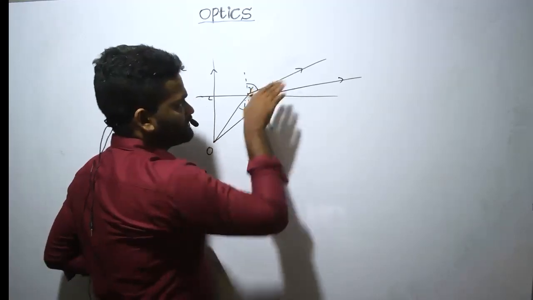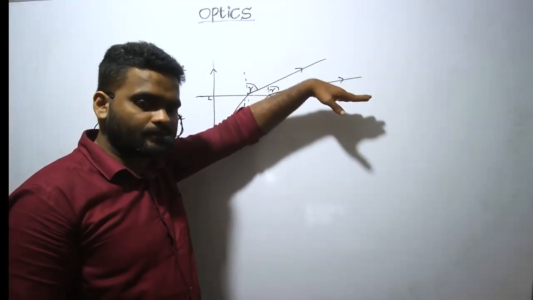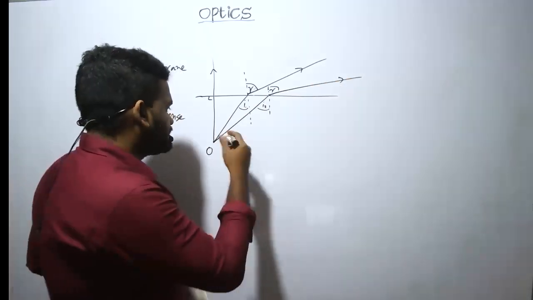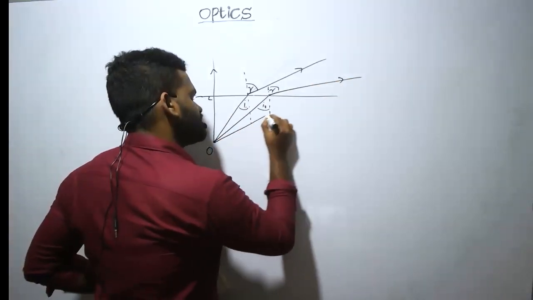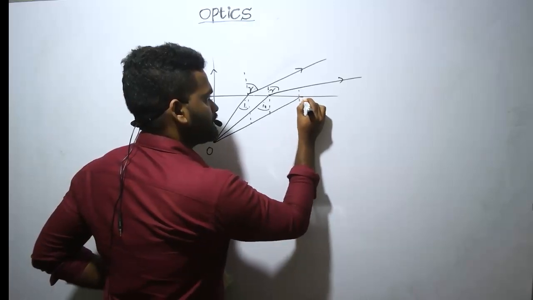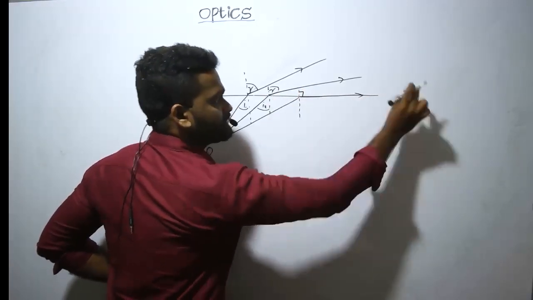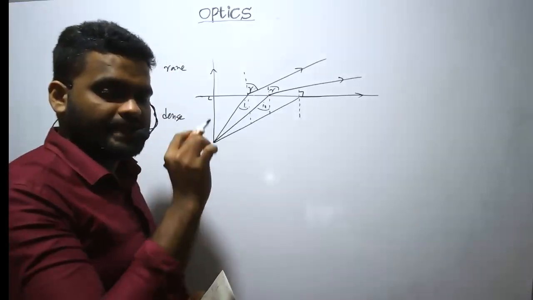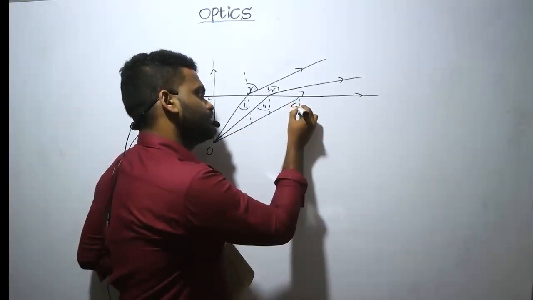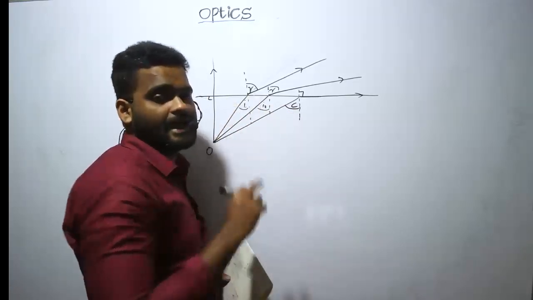Can you see this refracted angle is bending towards the surface? There's a special incident ray where the refracted ray goes right along the interface. At that point, we call the incident angle capital C. That is the critical angle.